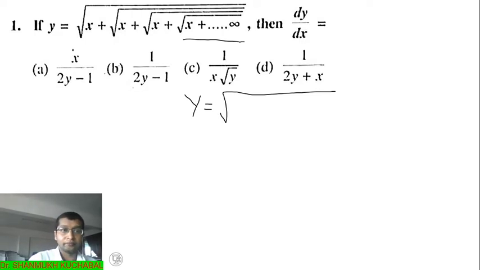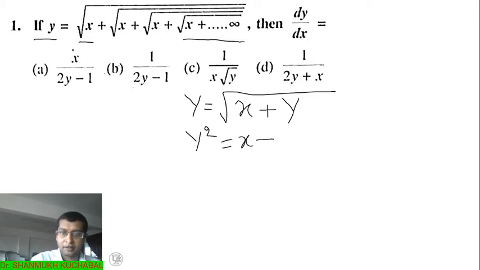I write the first term, under the square root of x, and we observe that root x plus root x appears continuously, so we can write this as y. Further, to simplify this one, we should avoid the square root, so square it on both sides, and we get y square equal to x plus y.